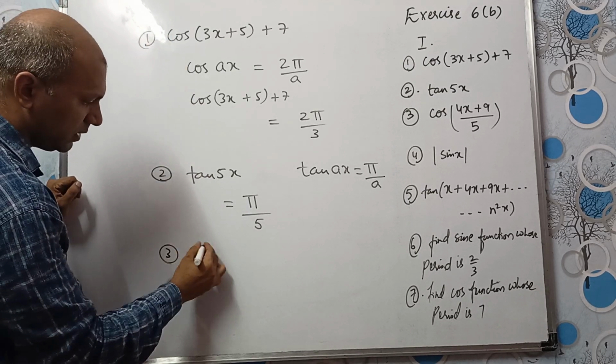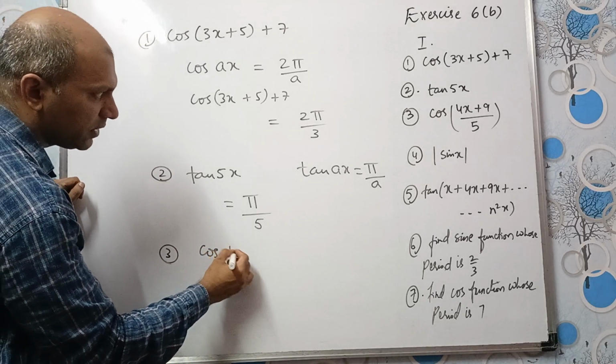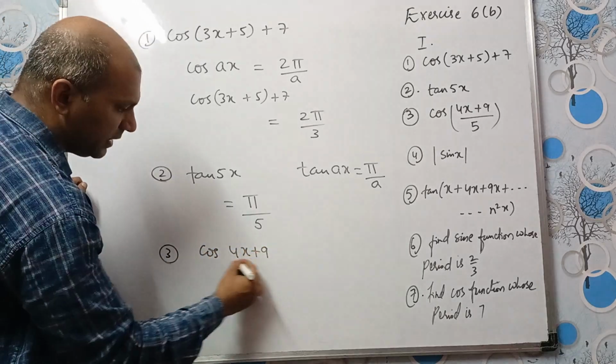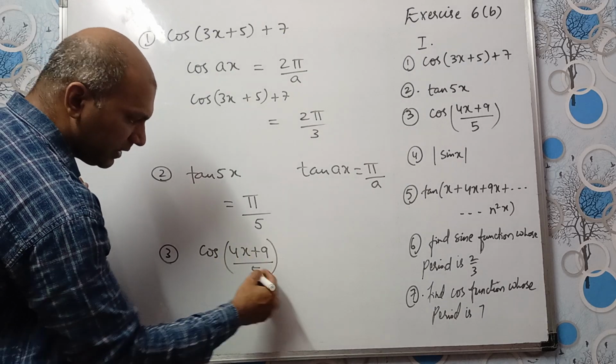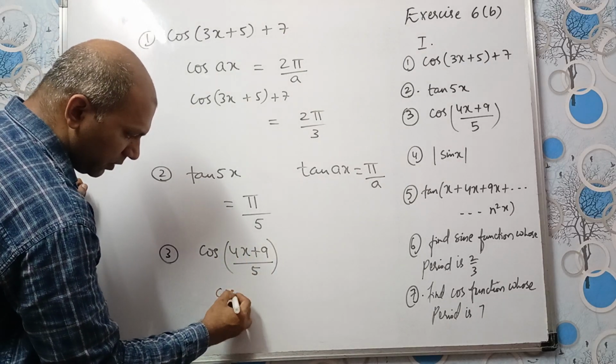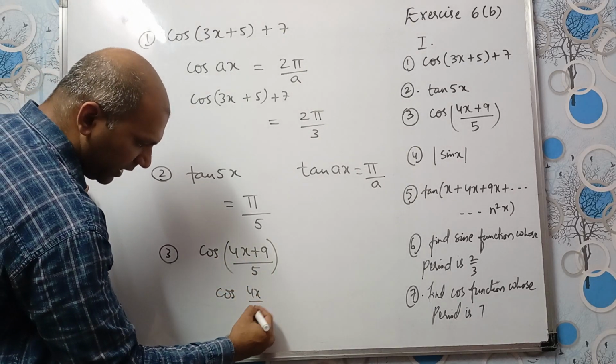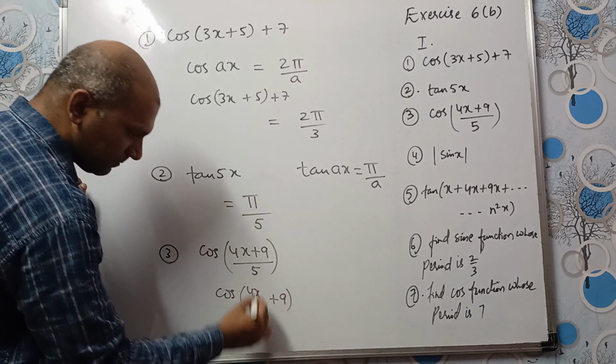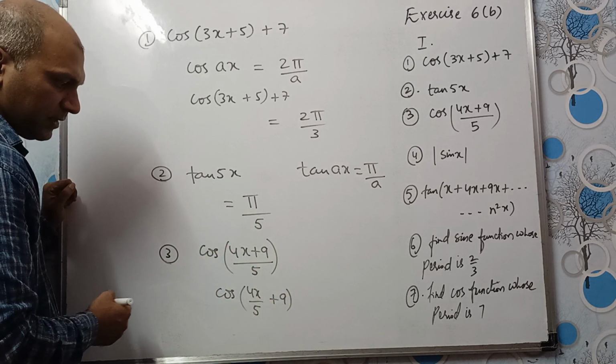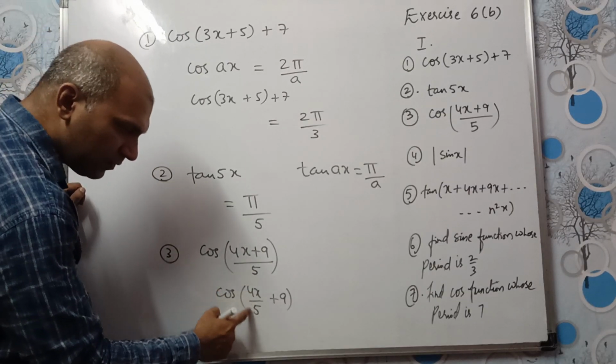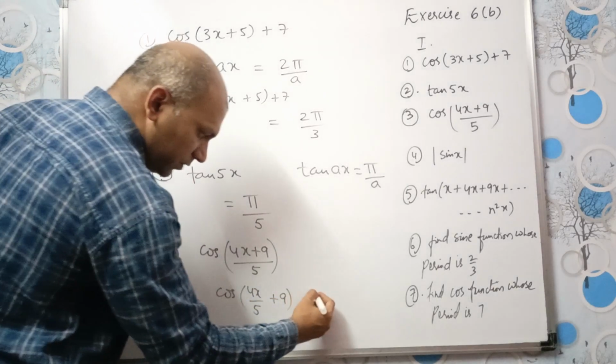What about the third one? Third one is 4x plus 9 divided by 5. Let us rewrite this as cos of 4x by 5 plus 9. Now what is the value of a here? 4 by 5. What will be its period?